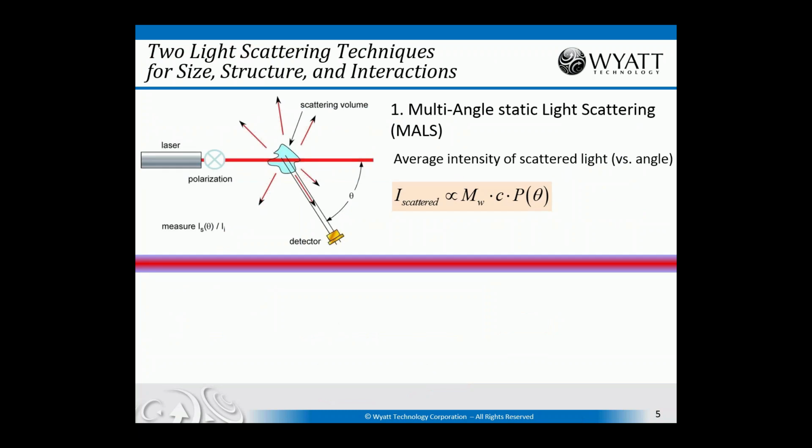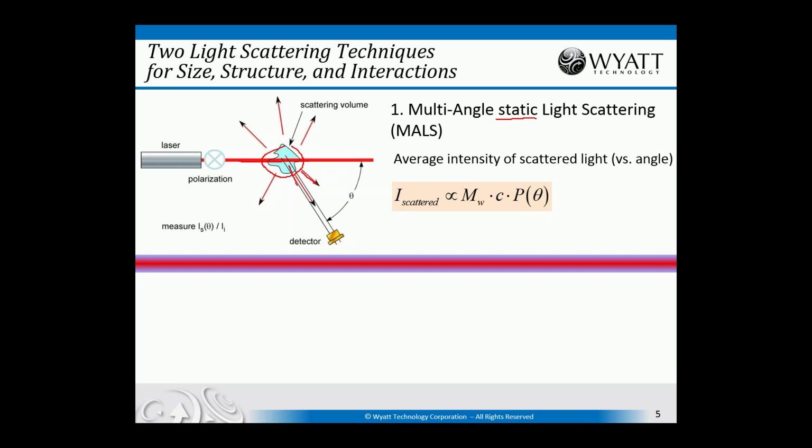Brief review of the capabilities of the different flavors of light scattering. So flavor number one is multi-angle static light scattering. And in all the light scattering techniques, we have a solution containing the macromolecules or the particles, which is illuminated with a laser beam. And the light impinges on those particles and is scattered in all directions.